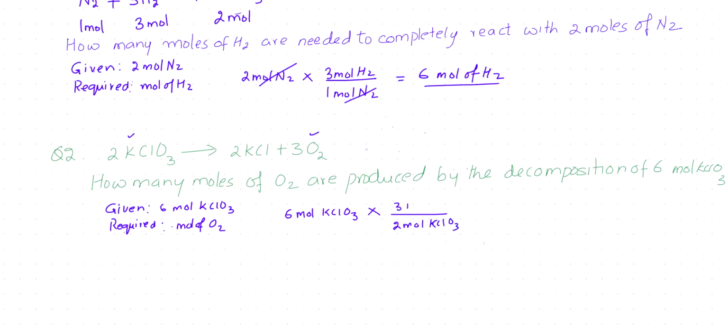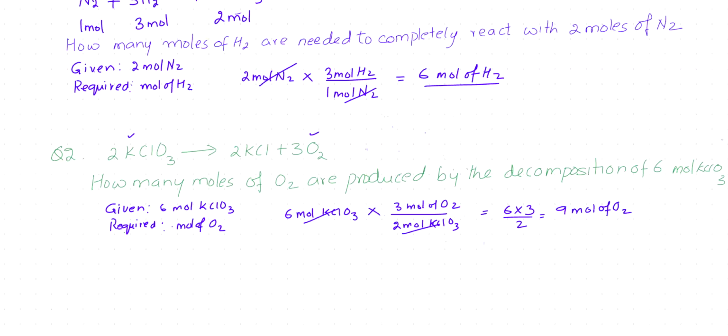So moles of potassium chlorate cancel. The answer is 6 times 3 upon 2, so it comes to 18. 18 divided by 2 is 9. So the answer is 9 moles of oxygen. The moles of oxygen is in the numerator. So 9 moles of oxygen will be produced by decomposition of 6 moles of potassium chlorate.